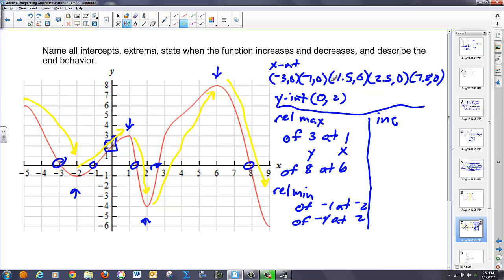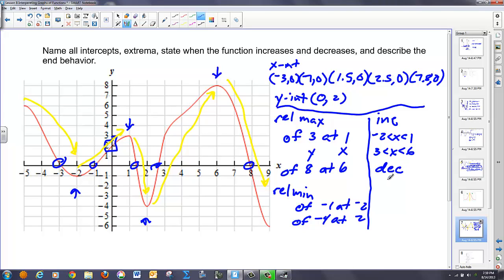So we're going to say it increases when x is greater than -2 but less than 1. It also increases when x is greater than 3 and less than 6.